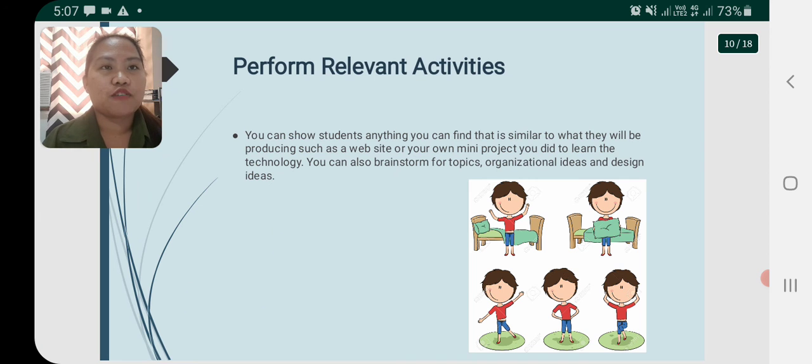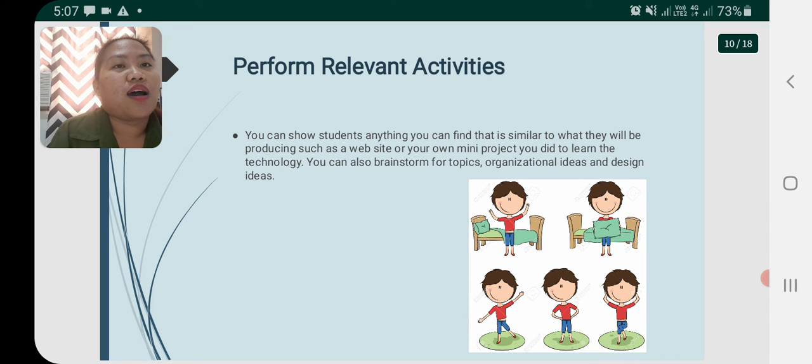Perform relevant activities. You can show students anything you can find that is similar to what they will be producing, such as a website or your own mini project you did. To learn the technology, you can also brainstorm for topics, organizational ideas, and design ideas.